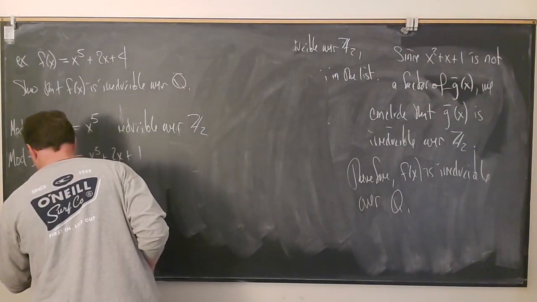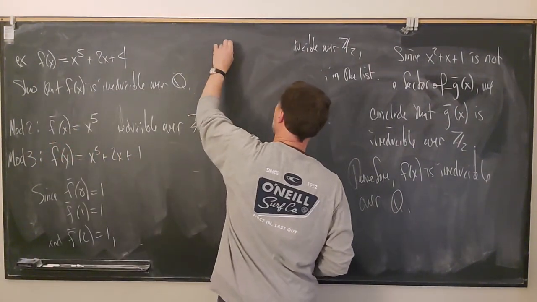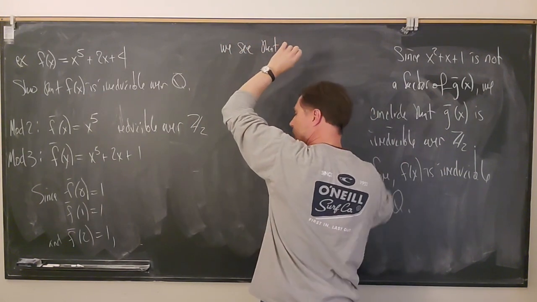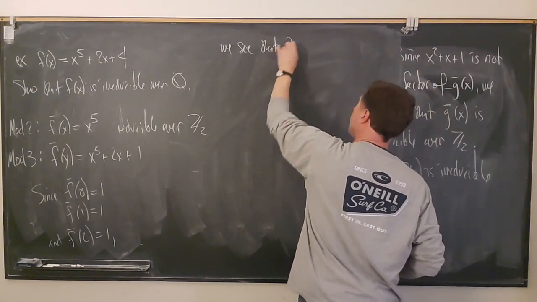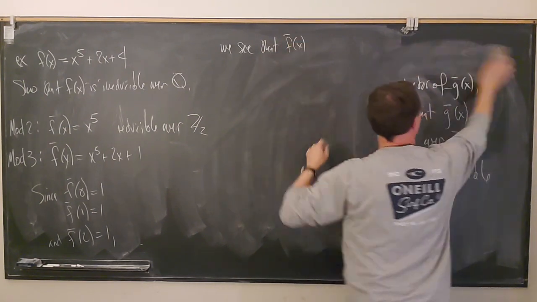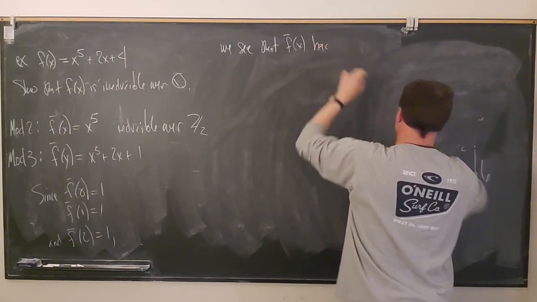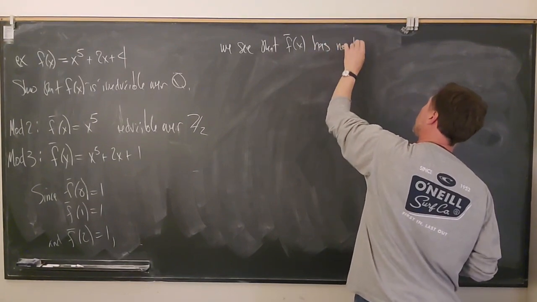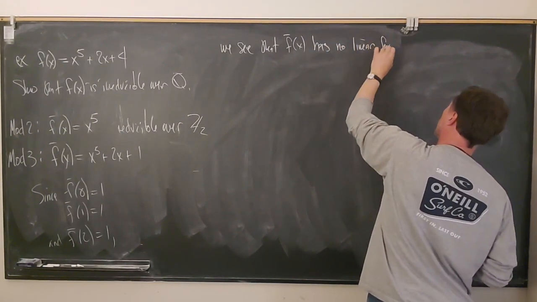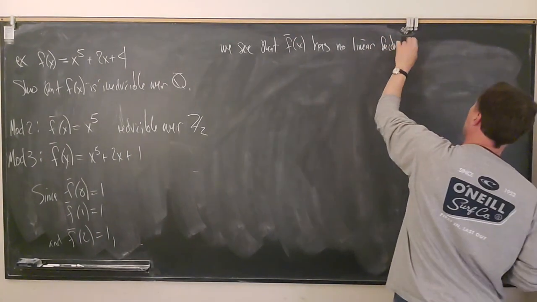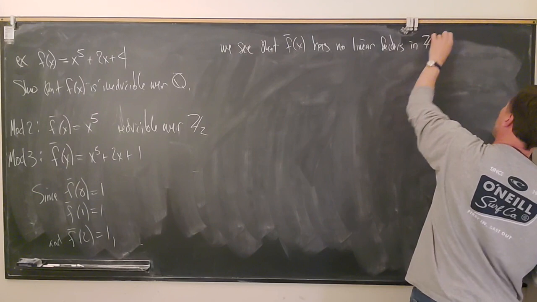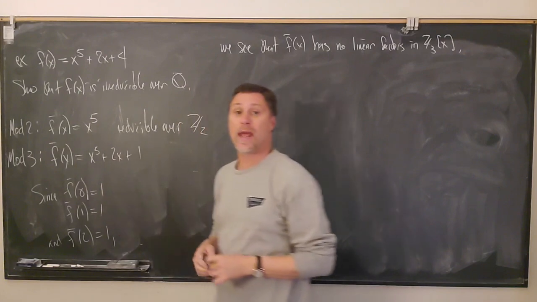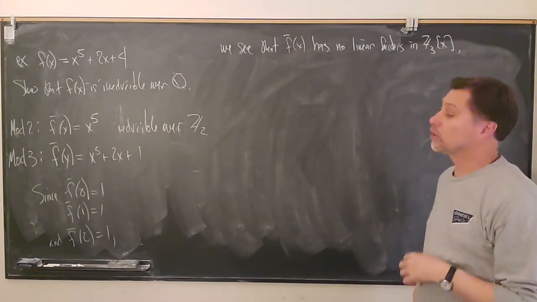We can say since that and that, we see that f bar of x has no linear factors in Z3 bracket x, right? So that tells us it does not factor as a degree 1 times a degree 4. Now we need to show that it can't factor as a degree 2 times a degree 3.